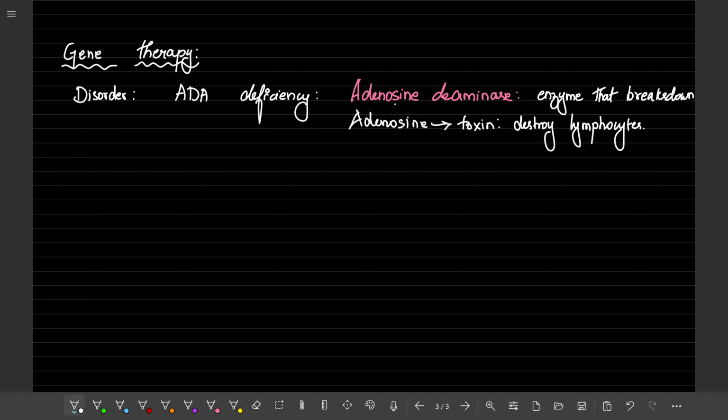Again, complex mechanism, very much simplified. So it is going to destroy lymphocytes. Okay, every single lymphocyte in your body will be destroyed if a person is having adenosine deaminase deficiency.